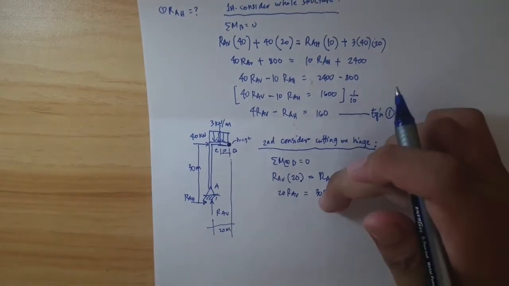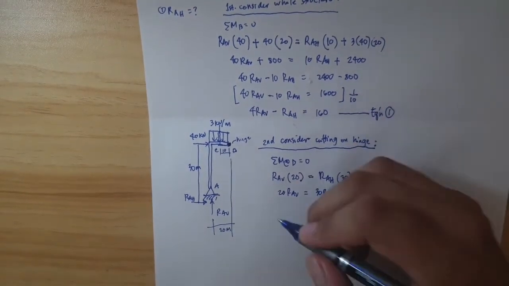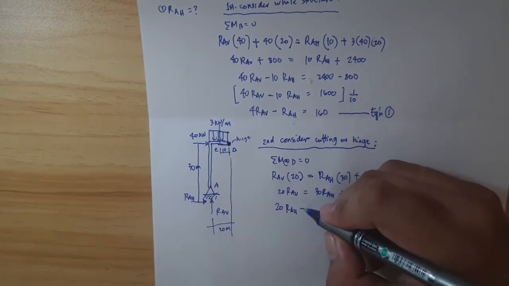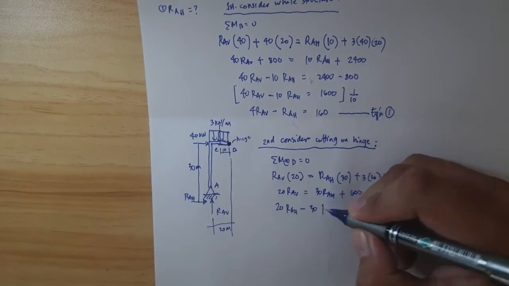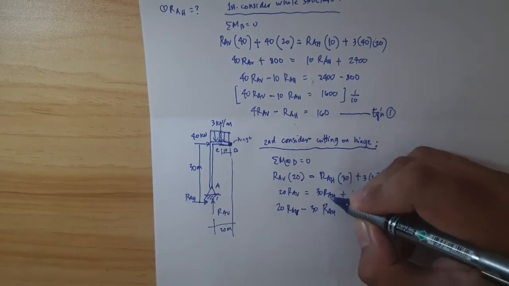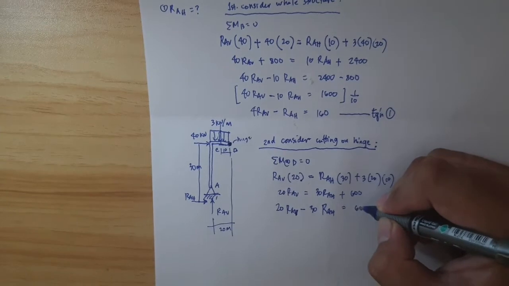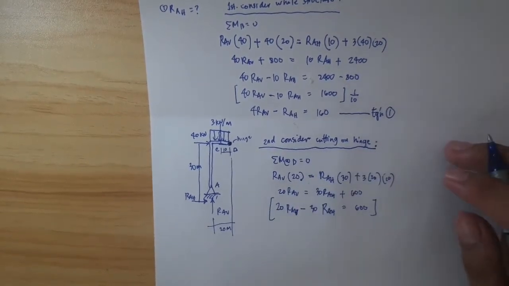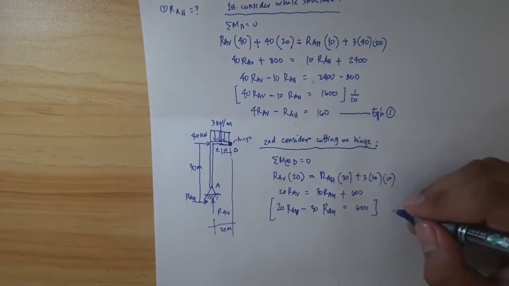Okay, i-move na to siya sa pikas. So 20 RAH para mag-uban tanan na variables. 20 RAV minus 30 RAH equal to 600. So simplifying, divide na to tanan og 10.